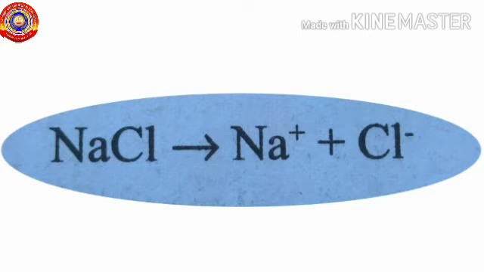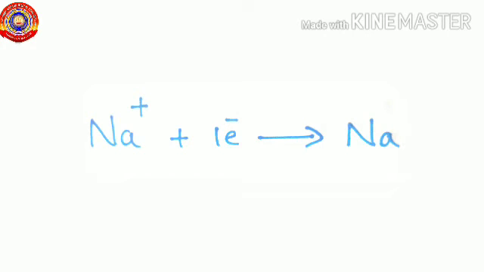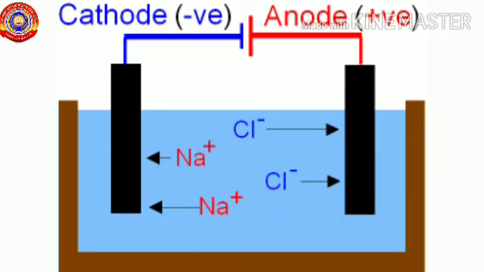So the process taking place at the cathode can be written as Na+ plus 1 electron gives Na. Now don't you get a clear idea of the products obtained at anode and cathode? When molten NaCl is electrolyzed, chlorine gas is liberated at the anode and sodium is deposited at the cathode.